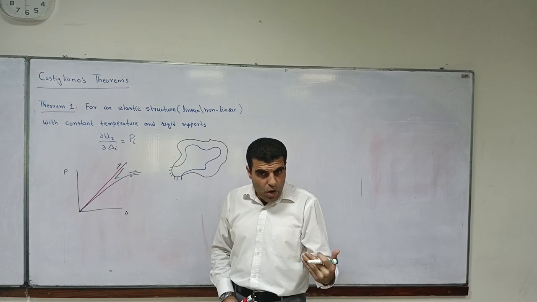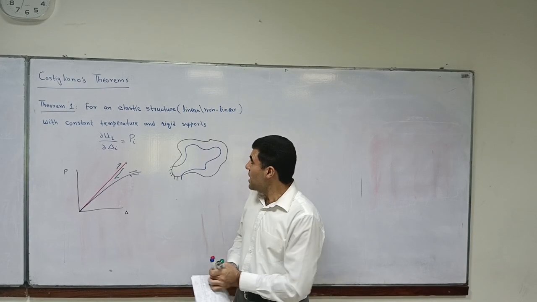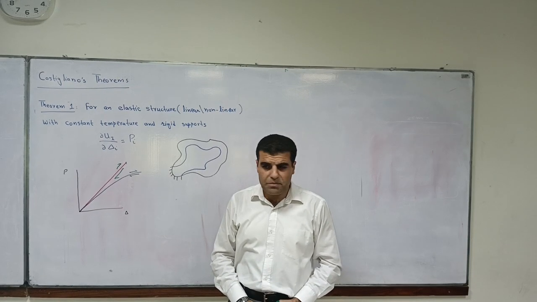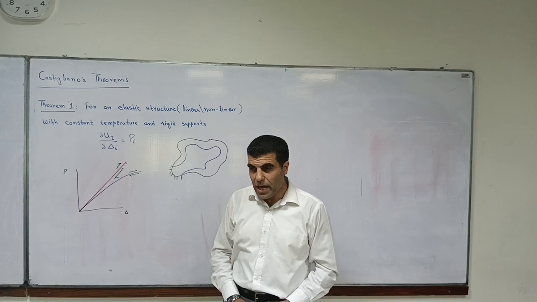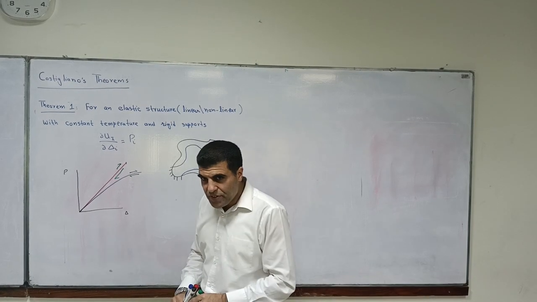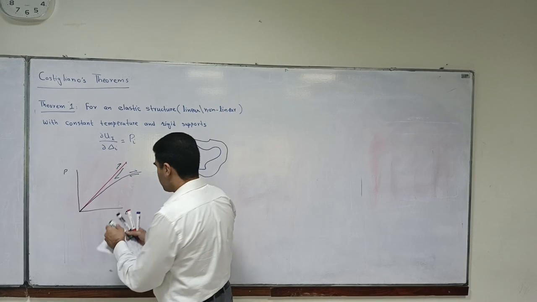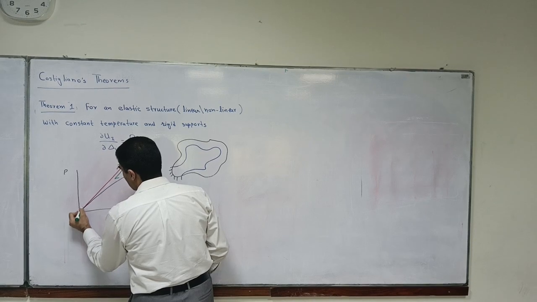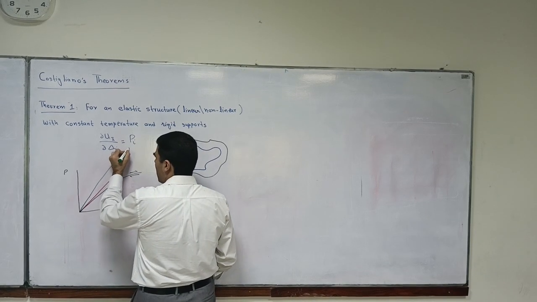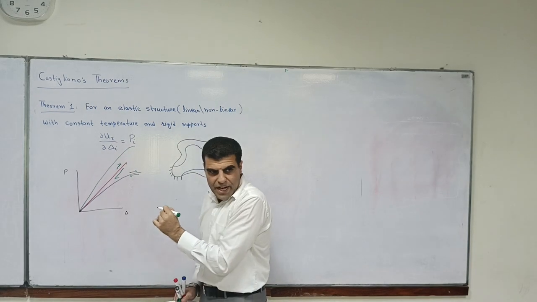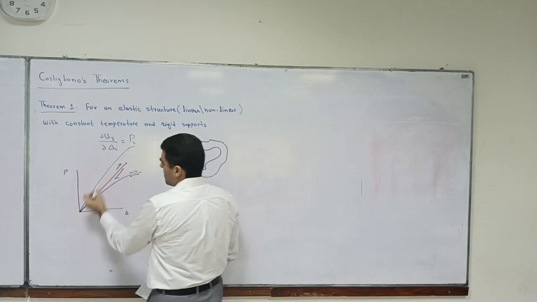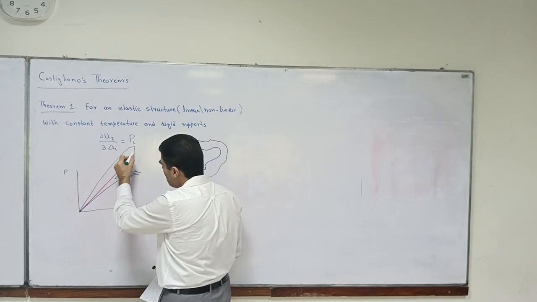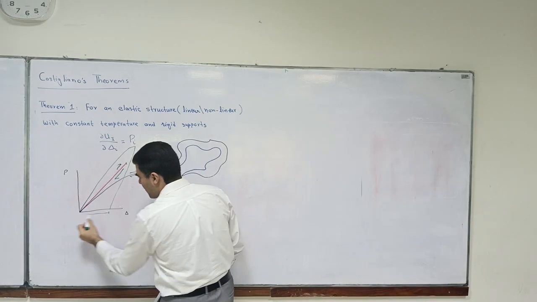If you have a non-elastic structure or a plastic structure, sometimes called an elastoplastic structure, you can have a straight line or a curved line when you are loading it, but at the time of unloading you have a residual deformation.